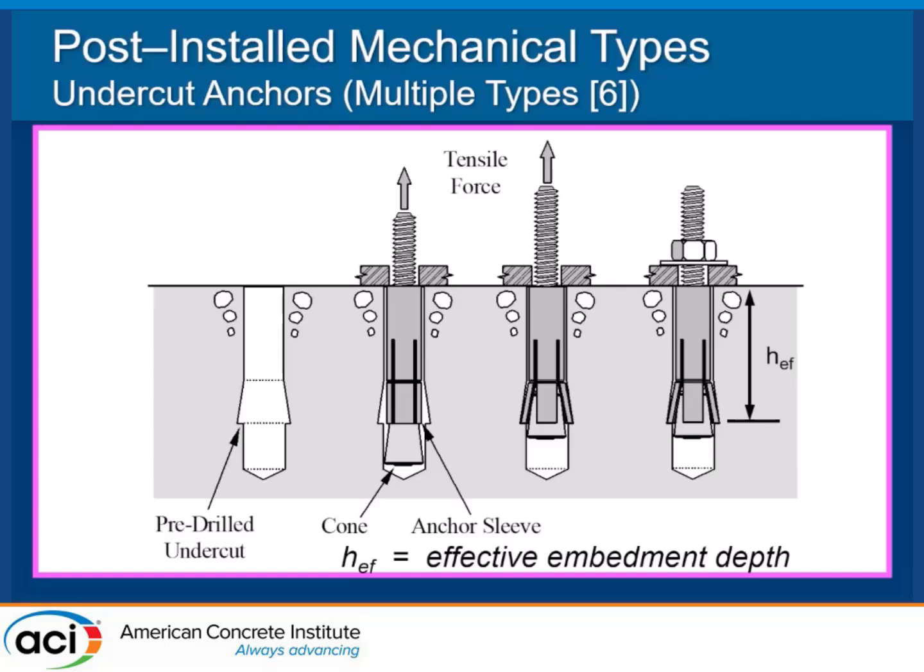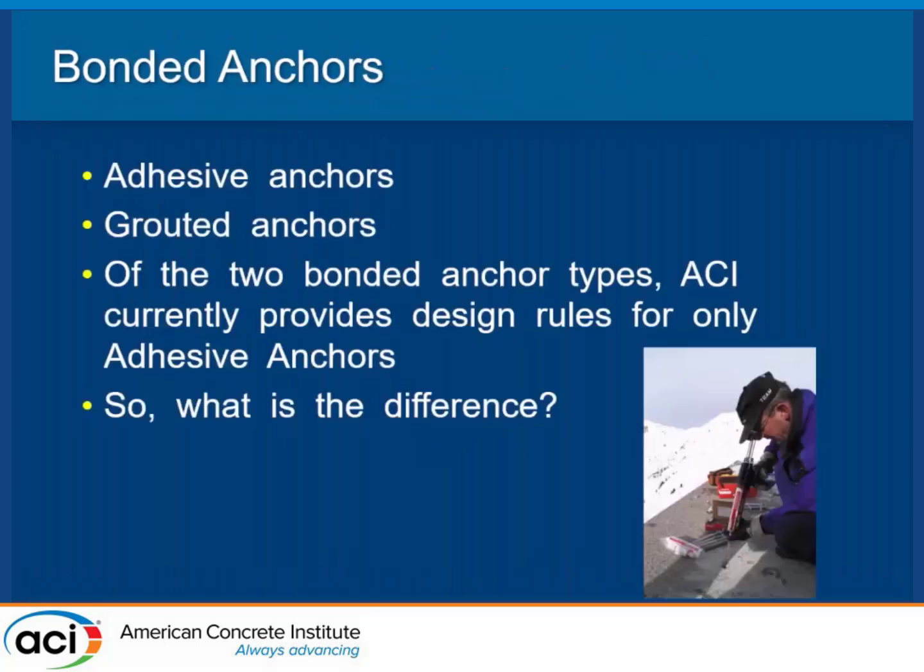You're widening out the hole, and then when you put the anchor in, you're actually kind of getting that headed anchor that you might have cast in. It acts very similar and does extremely well. But it's more expensive to use, both in construction and historically, although I haven't looked at cost in a while.